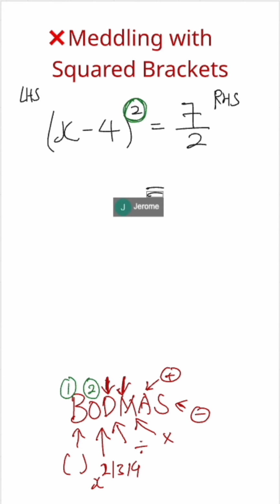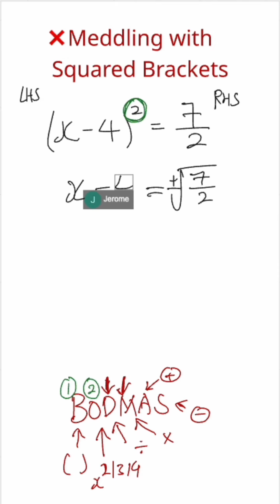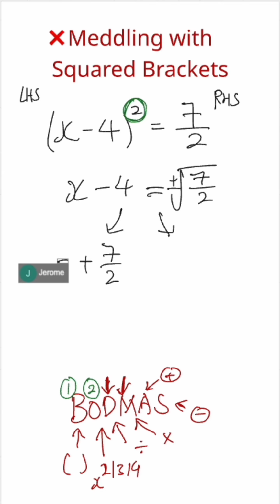How we're going to remove this is to square root 7/2. Not to forget plus and minus. So now we have positive square root of 7/2. I'm just going to write positive here, but you don't have to write it. Just to show you: x - 4 equals square root of 7/2.